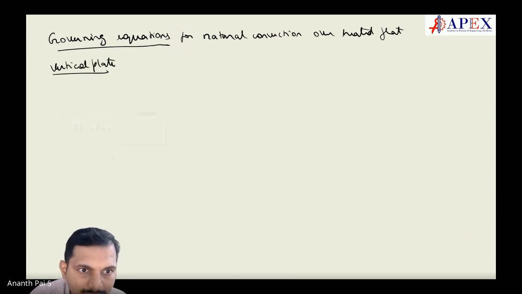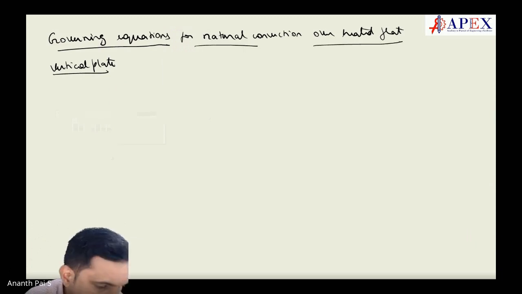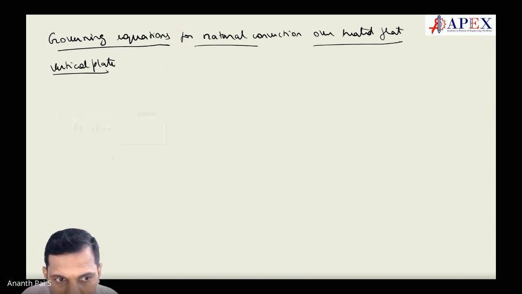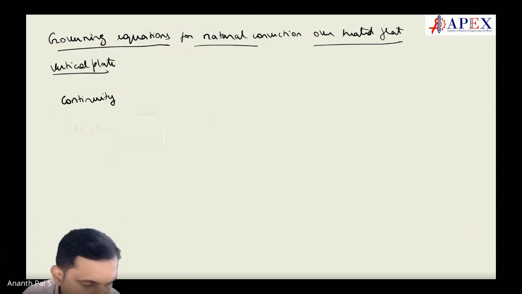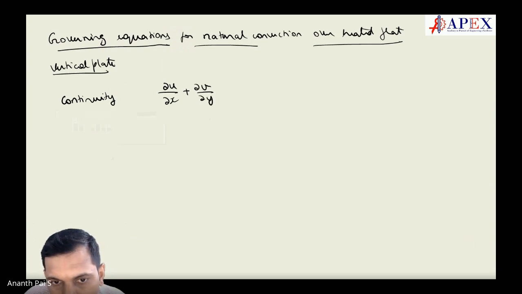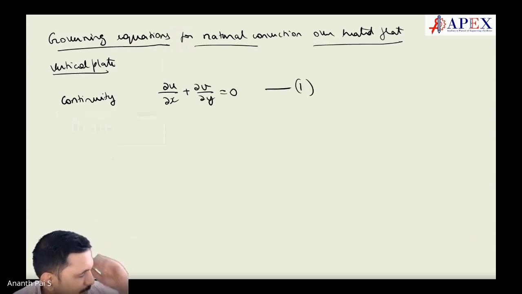What are the governing equations? Let us see one by one. If you see here, this is continuity. Continuity goes as dou u by dou x plus dou v by dou y is equal to 0. Let me put it as 1. Okay, let us start with 1 here.